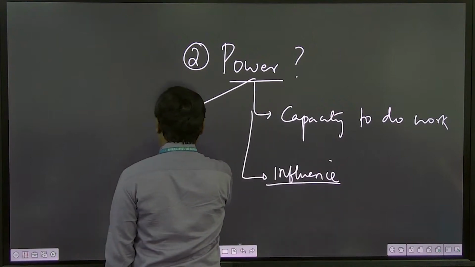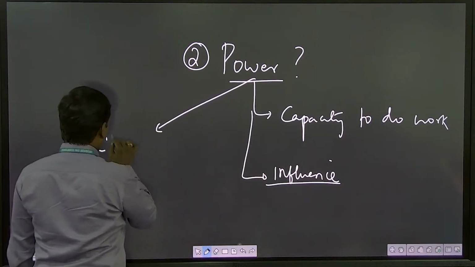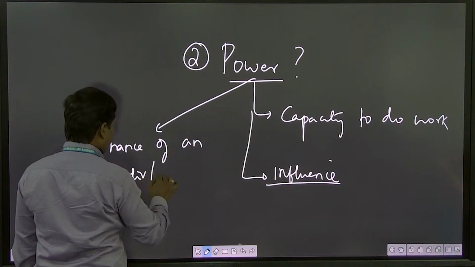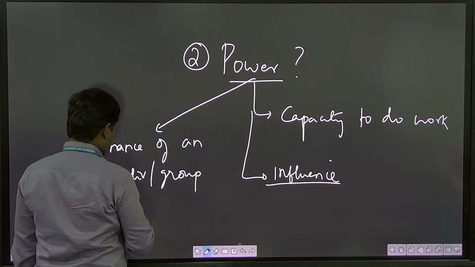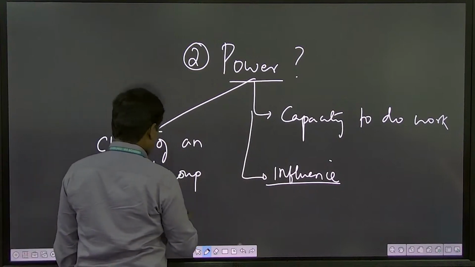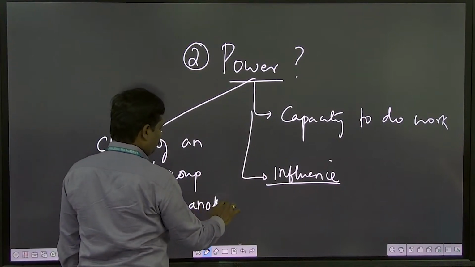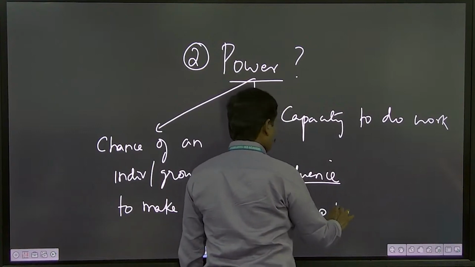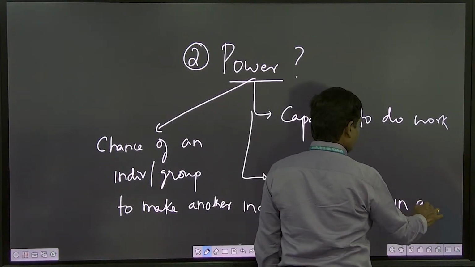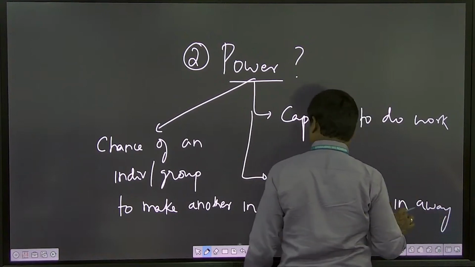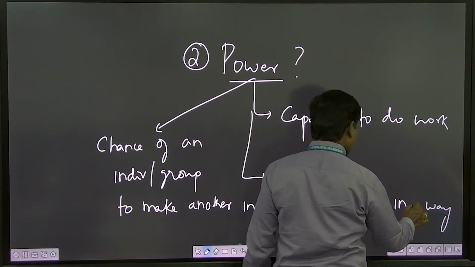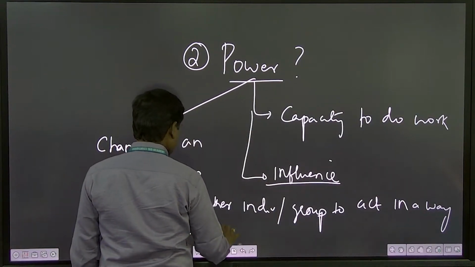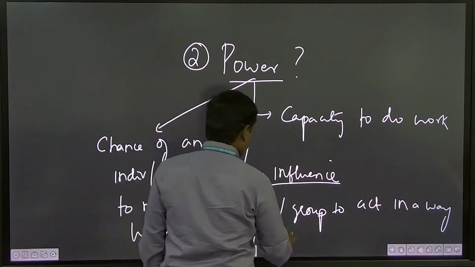Power refers to the chance of an individual or a group to make another individual or a group to act in a way which is not liked by that individual or group.